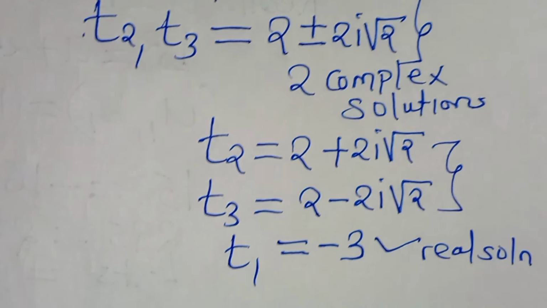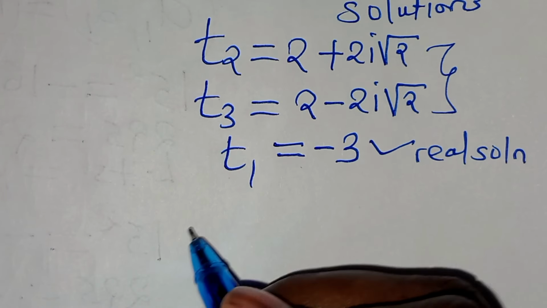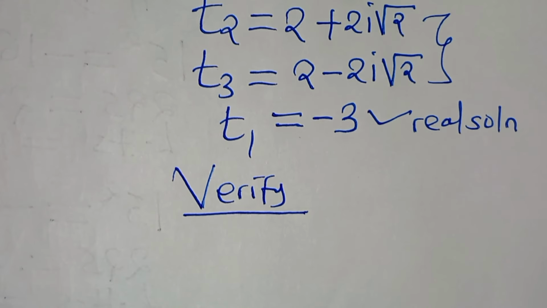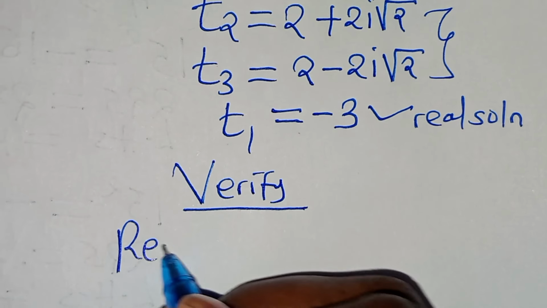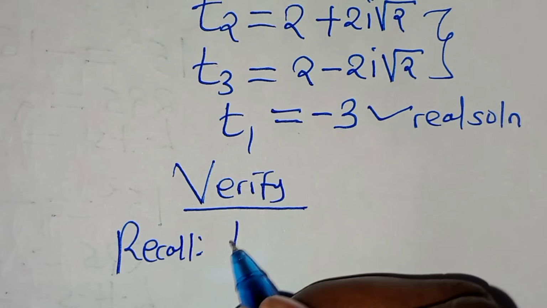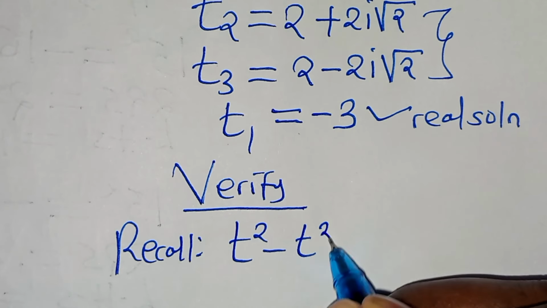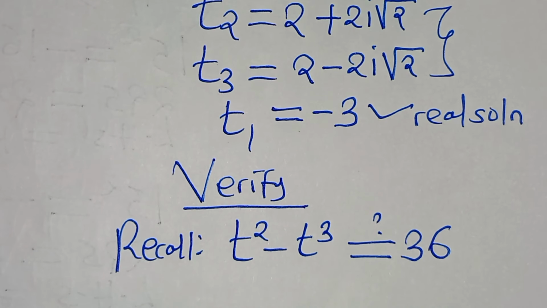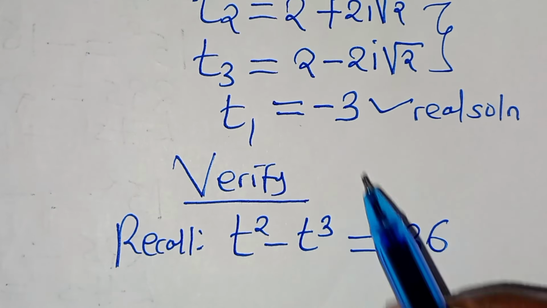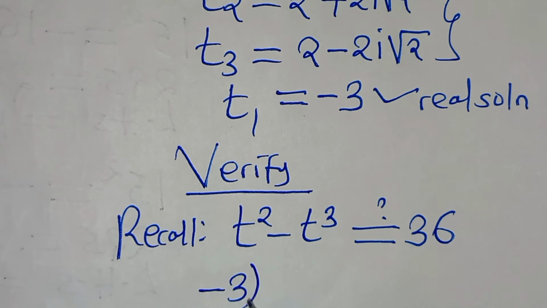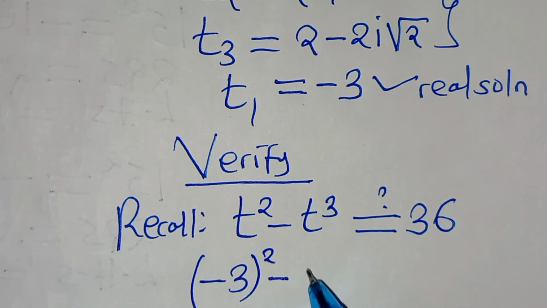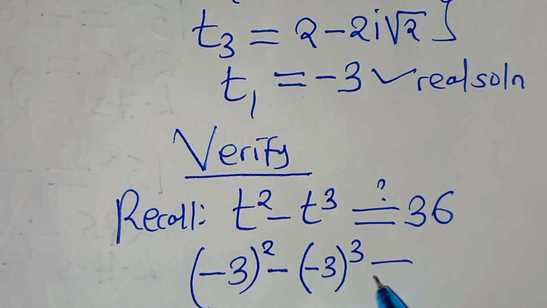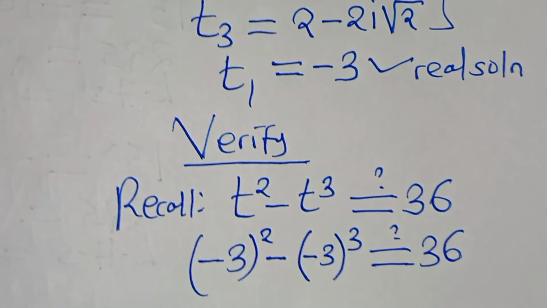So the next step from here is to verify that this real solution satisfies the equation. If you recall, we have that t squared minus t to the power of 3 is supposed to give us a value of 36. Substituting t, which is minus 3, we have minus 3 to the power of 2, minus minus 3 to the power of 3. This should give us a value of 36.